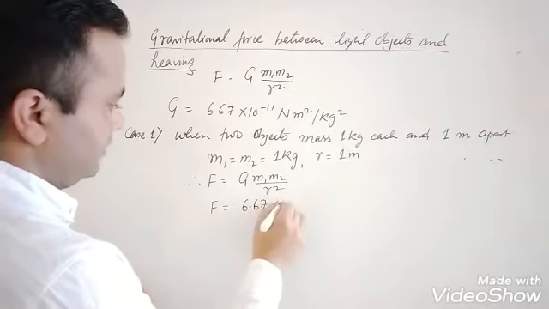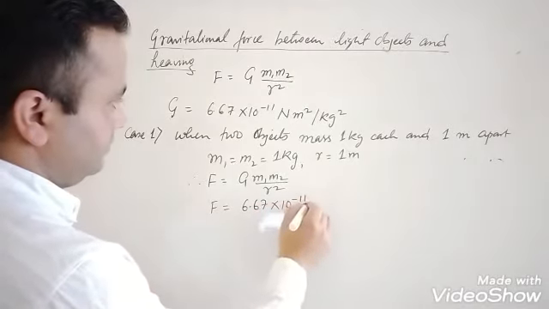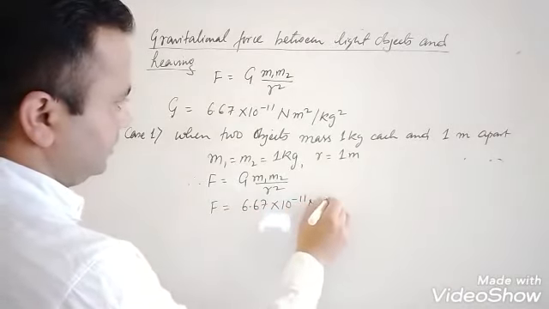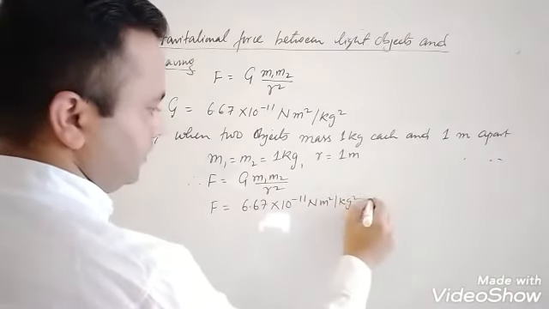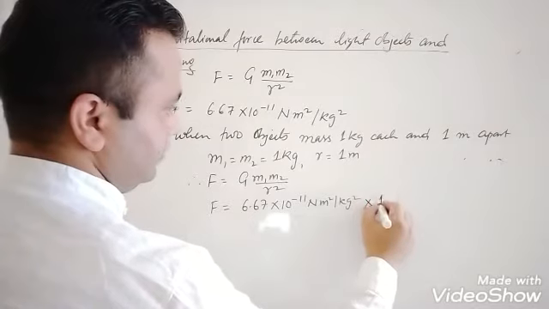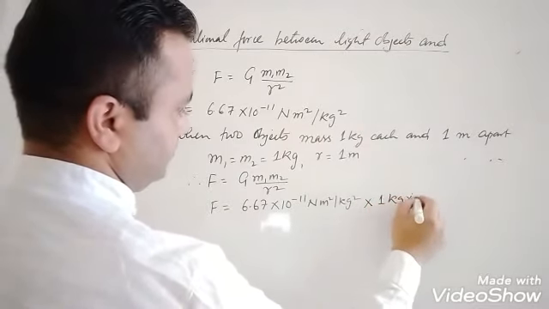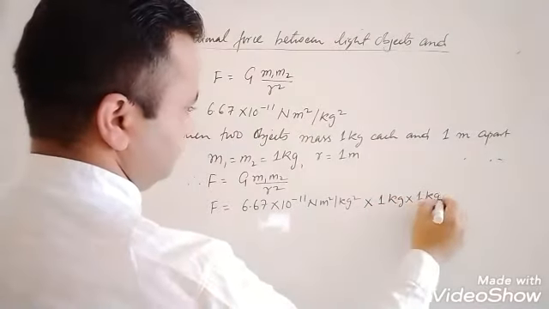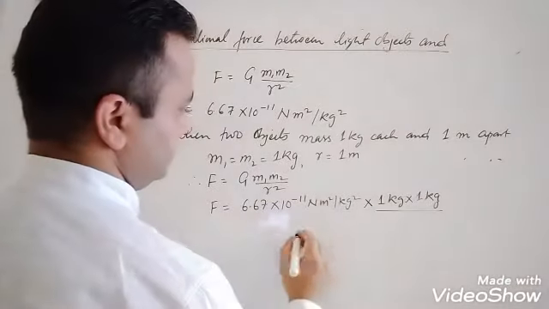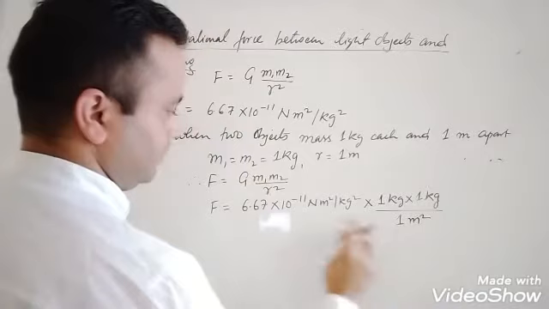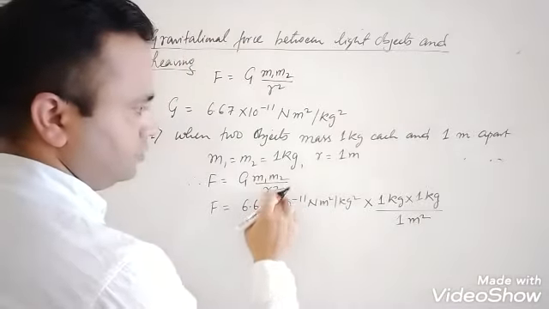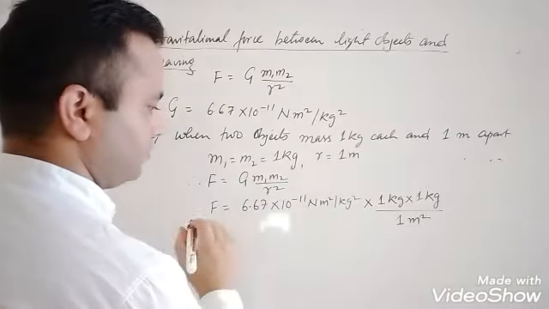F equals G, which is 6.67 into 10 to the power minus 11 Newton meter square per kg square, into the masses, 1 kg into 1 kg, divided by r square, which is 1 meter square.